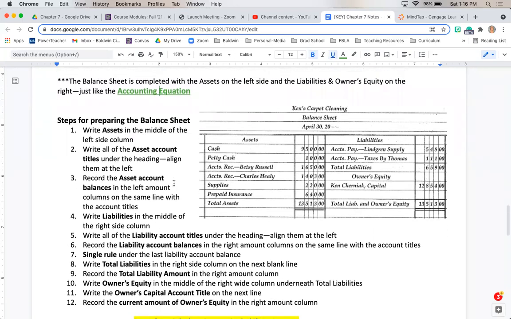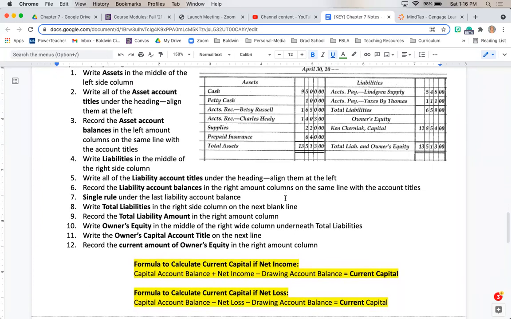So there are the steps to create our balance sheet. I would really encourage you to read through those, but we are going to end up completing that in MindTap. Something to point out is that when we find the capital amount, we're going to have to do a little calculation.